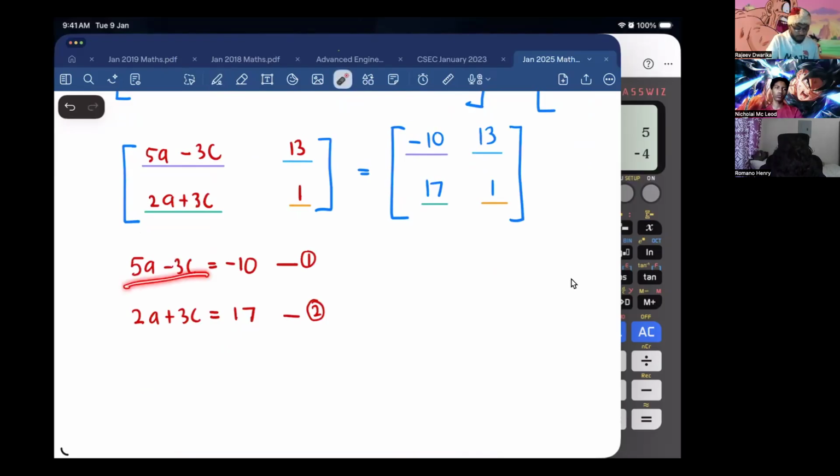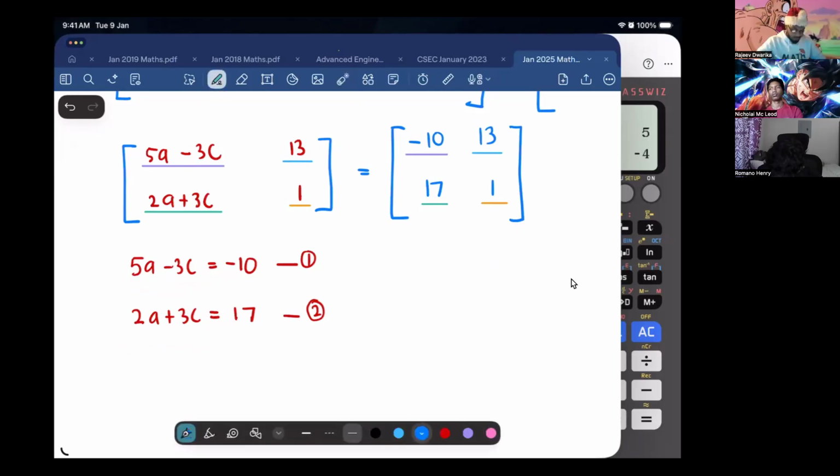Guys, how many unknowns do we have here? A and C. How many unknowns is that? 2. Guys, do we like when I have 2 unknowns? No. So our goal right now is to eliminate one of the unknowns. And to do that, you either add the 2 equations or you subtract the 2 equations.